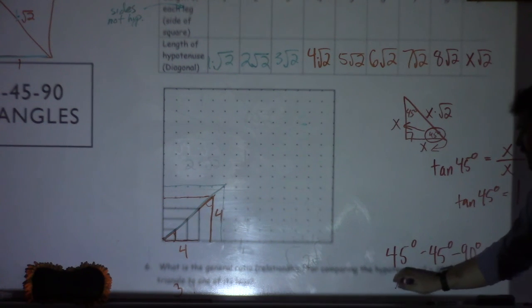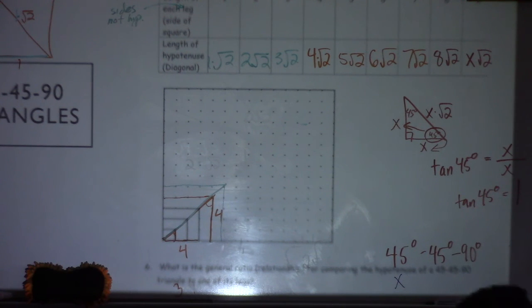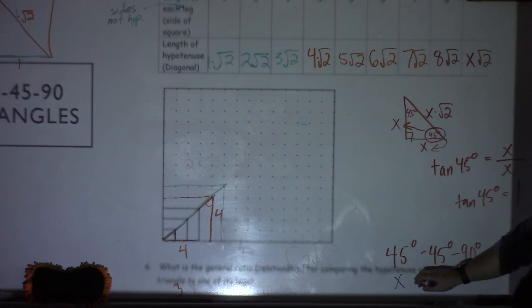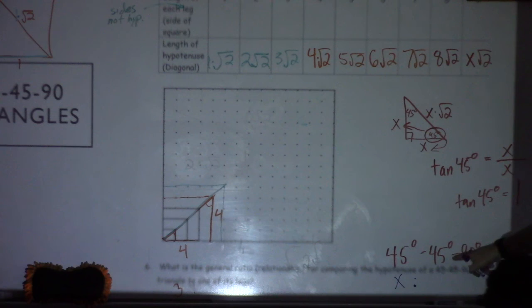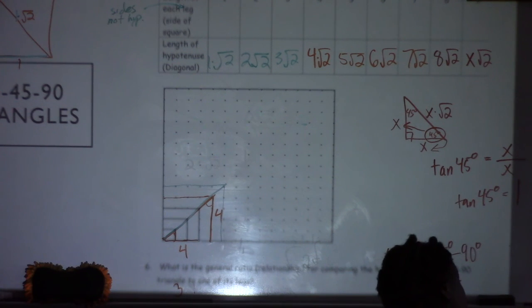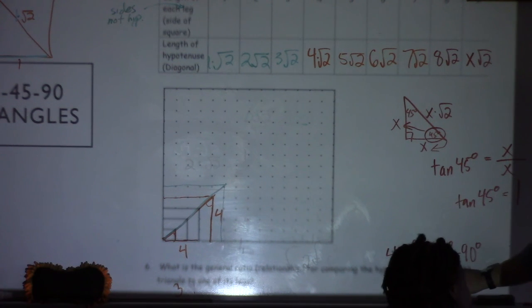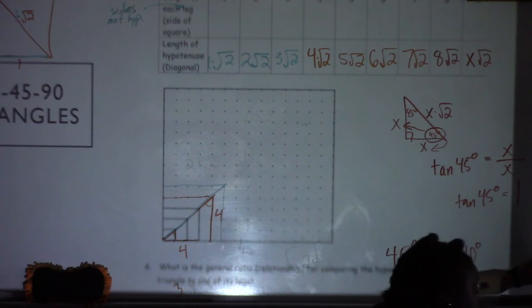X. So, 45 degrees would have a side length of X, and the other 45 degrees would also be X. And then the 90 degrees would be X square root of 2.